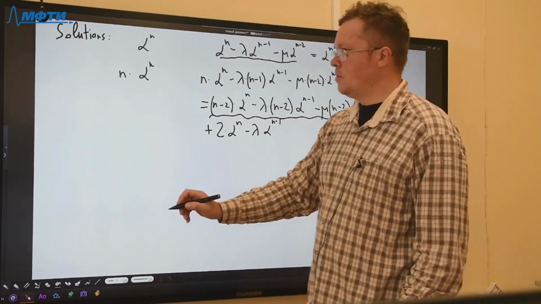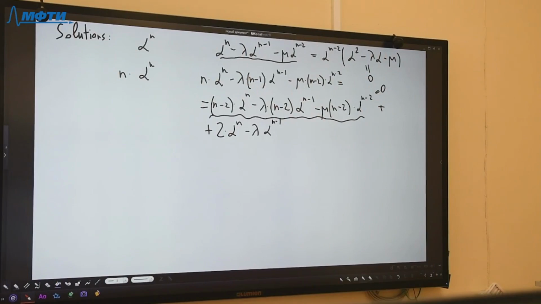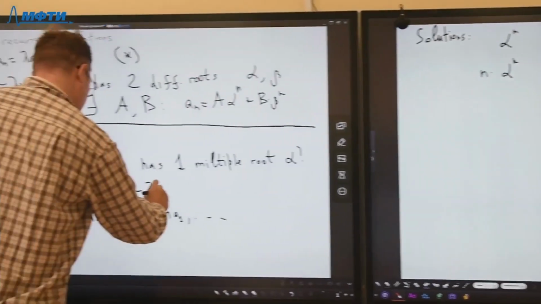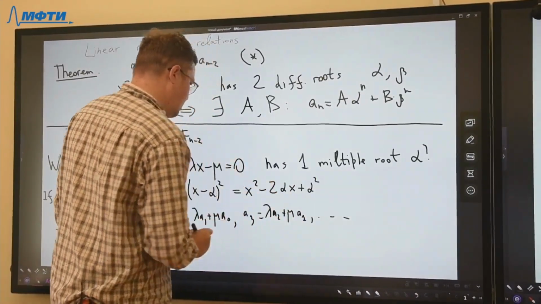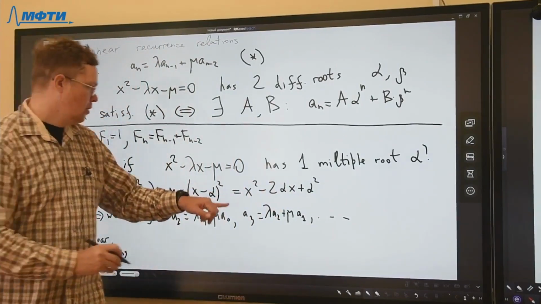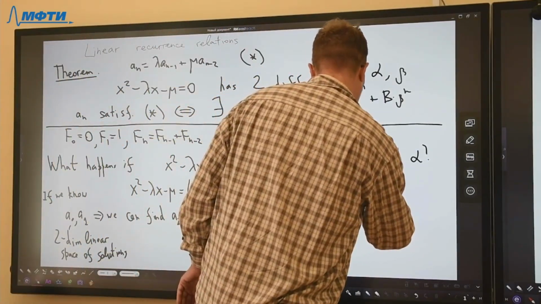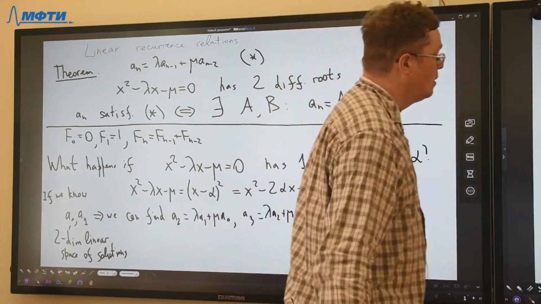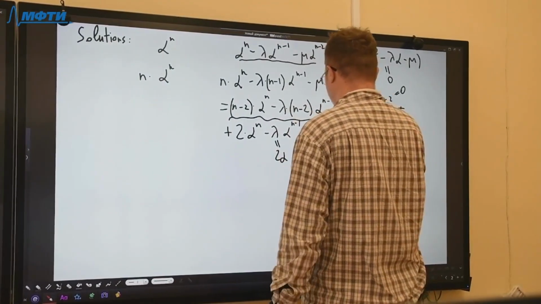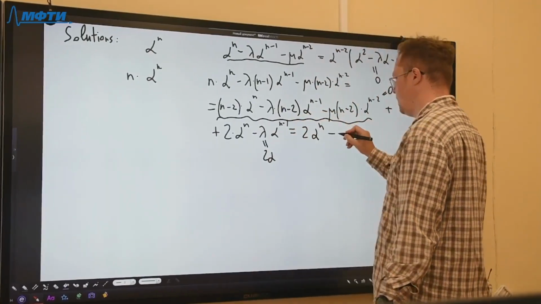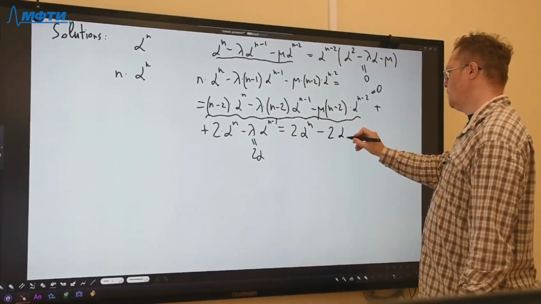We can see that, since x squared minus lambda x minus mu is x squared minus 2 alpha x plus alpha squared, this means that lambda is 2 alpha, and here we have 2 alpha^n minus 2 alpha^n, which is 0.